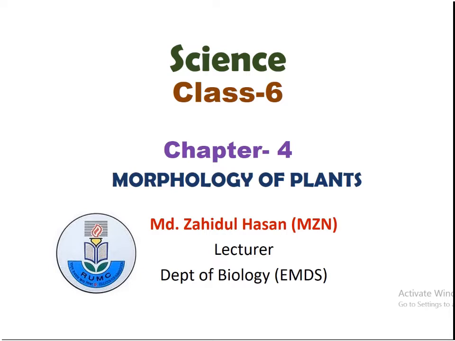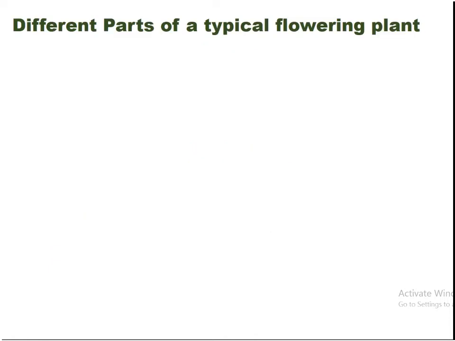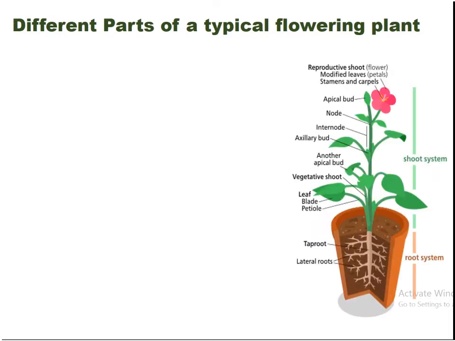Now let's talk about the different parts of a typical flowering plant. An ideal flowering plant can be divided into two parts: above the soil, the shoot system, and below the soil, the root system.